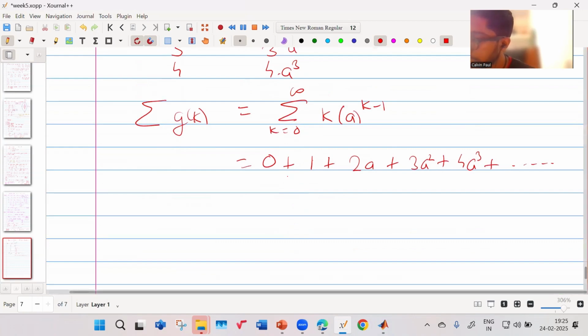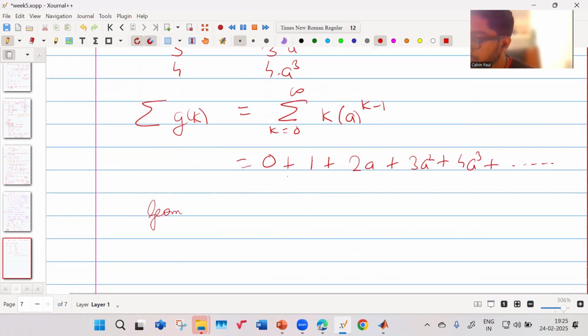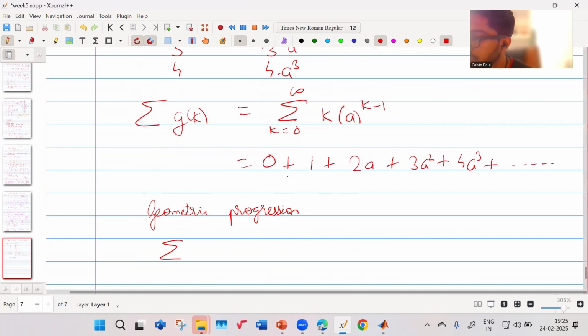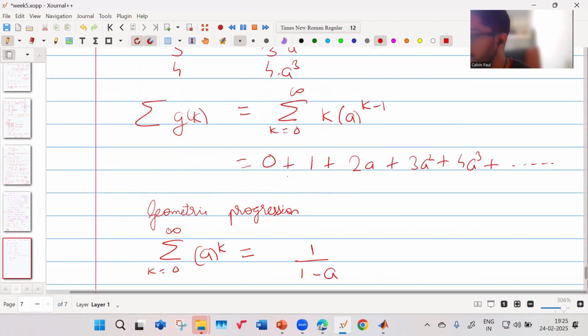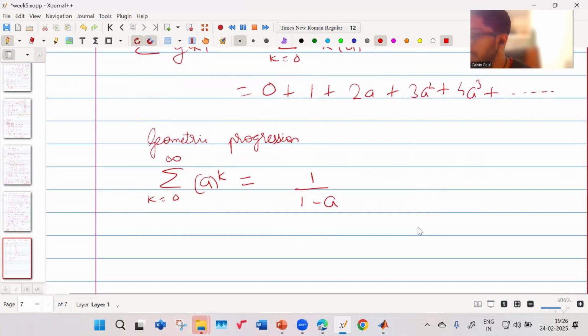So let us consider a simple geometric progression. We saw it, where we have summation k going from 0 to infinity, a raised to k, is equal to 1 upon 1 minus a.